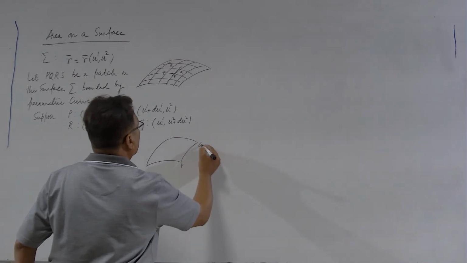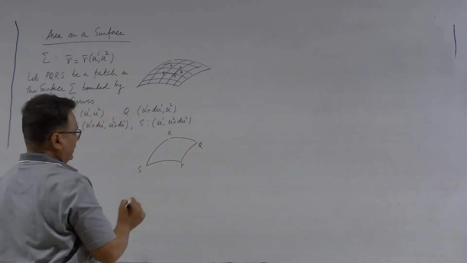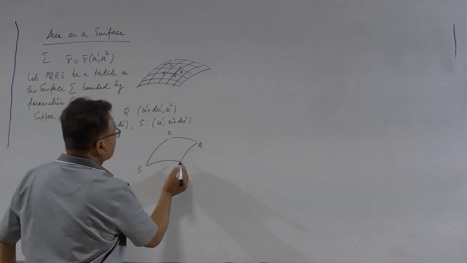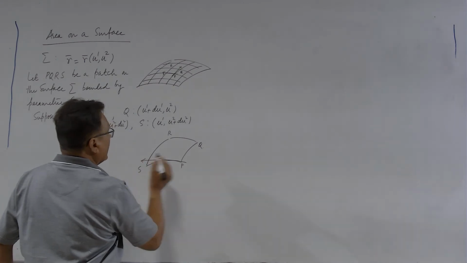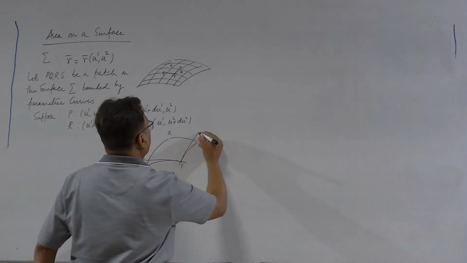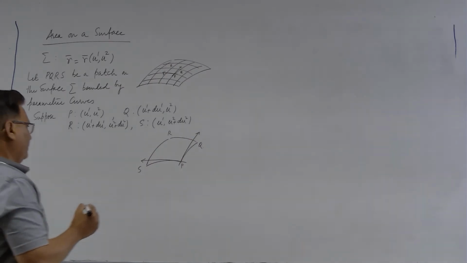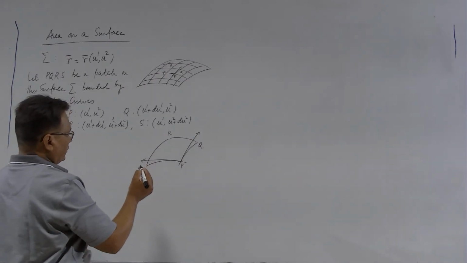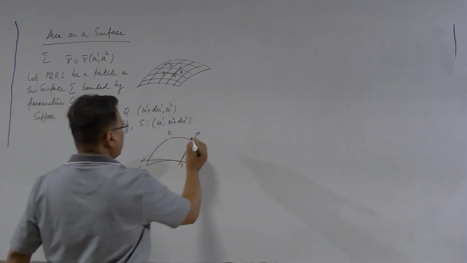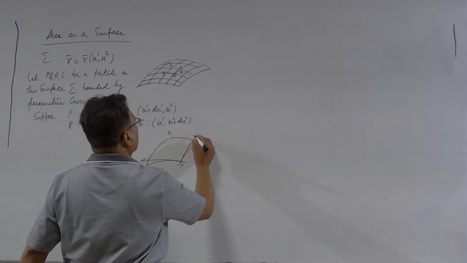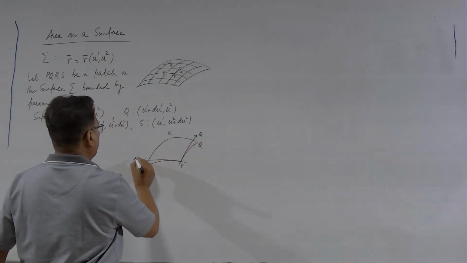P, Q, R and S, and then I have drawn tangents at the point P. So, with these tangents, I will complete the parallelogram. The tangent is up to here, say this is Q dash and this is S dash.